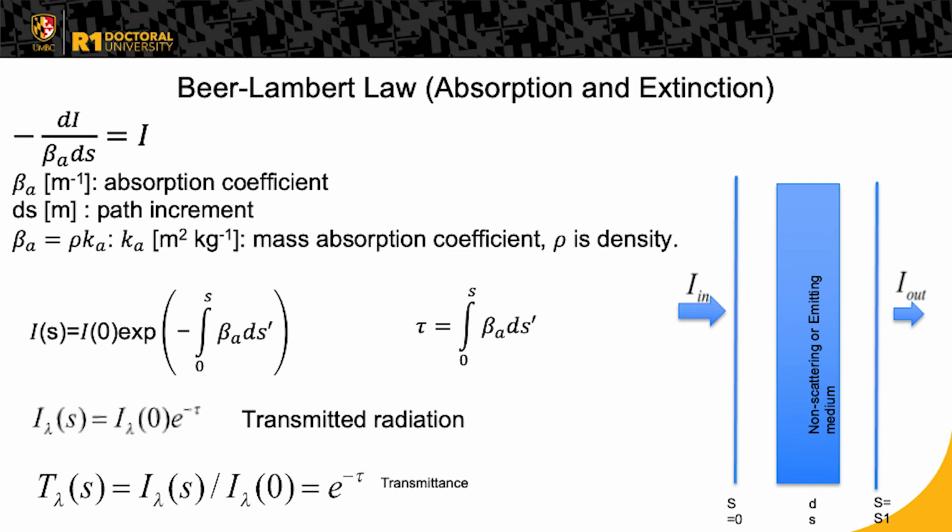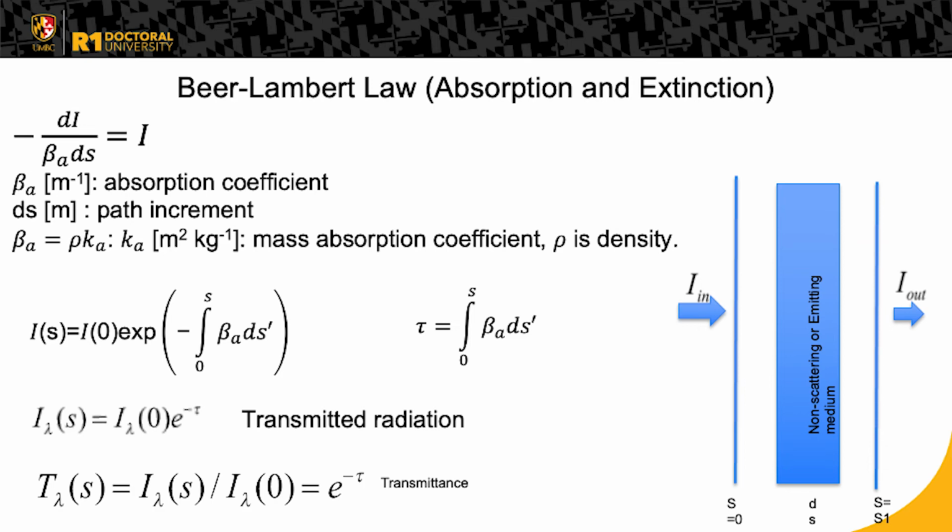If you have 2 kids in the room running around, the chance of them bumping into each other is much smaller than 10 kids in the same room running randomly, right? That's the idea. The absorption of radiance is proportional to the radiance magnitude itself.